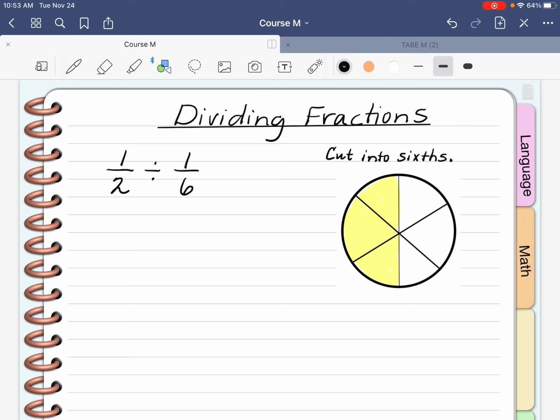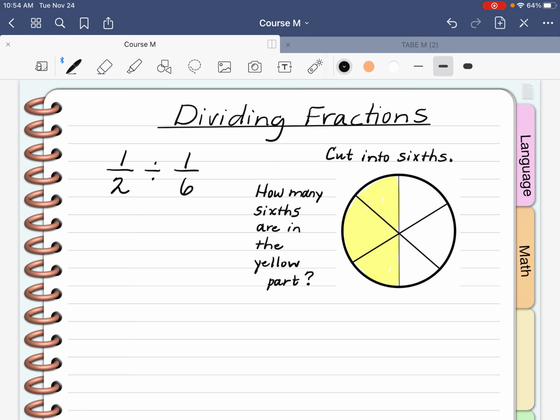Okay, here's the question. This is what this whole process is about. How many sixths are in the yellow part? Because remember, that yellow part was our half. We shaded that half, then we cut it into 6 parts.